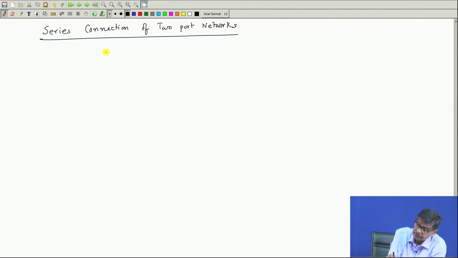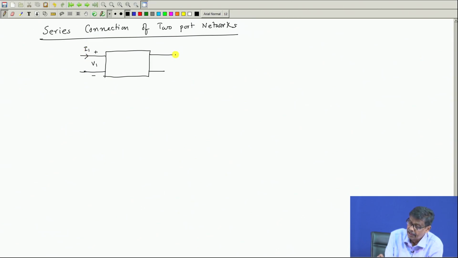Now, suppose you have got two port networks. It can be extended to 3 two port networks as well. Only for 2, if we understand, we know what to do with others. So, this is plus minus V1, this is I1, and this is the network, plus minus V2 and this is I2.